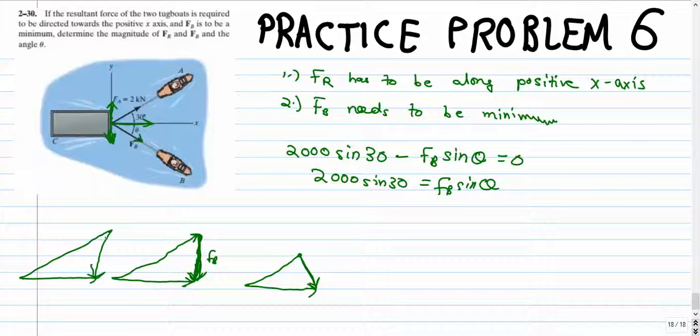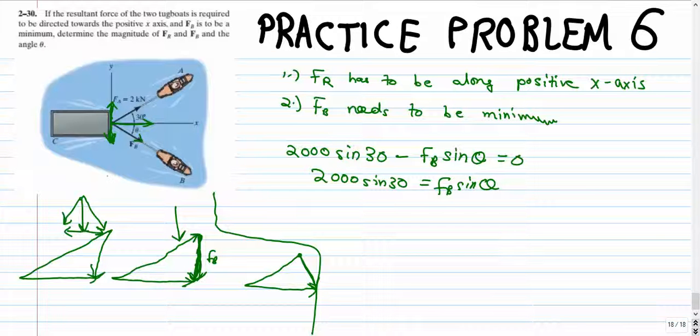And the reason why any slanted length would be larger than a directly downwards FB is because a directly downwards FB only has one single downwards component, while a slanted FB has a downwards component and a left component or a right component. And so they add up to give you a resultant FB component that is slanted, right? So that is why FB needs to be directly downwards.